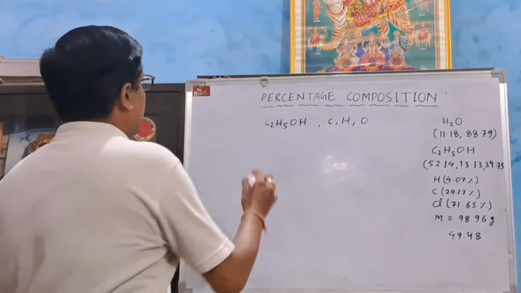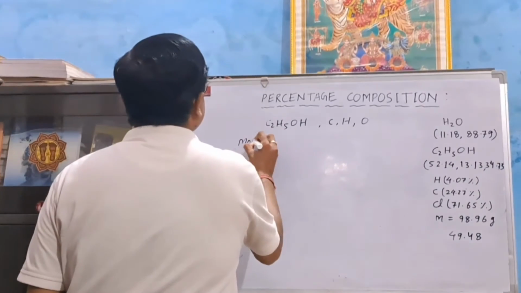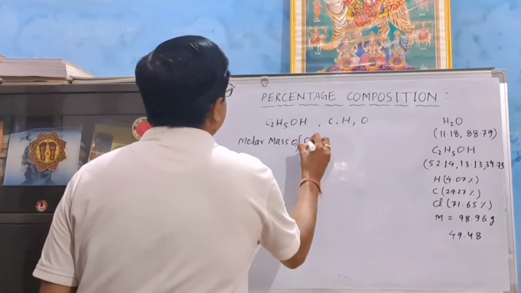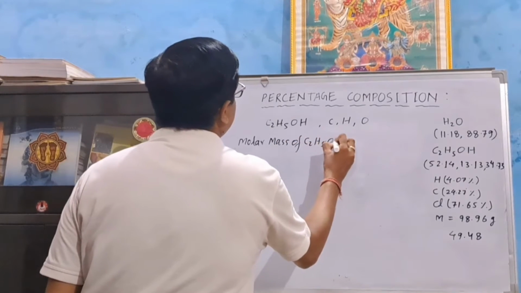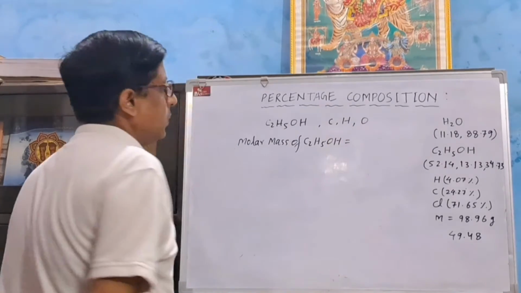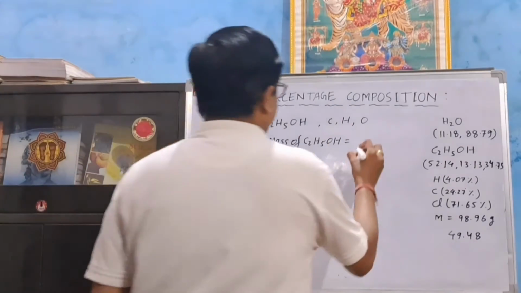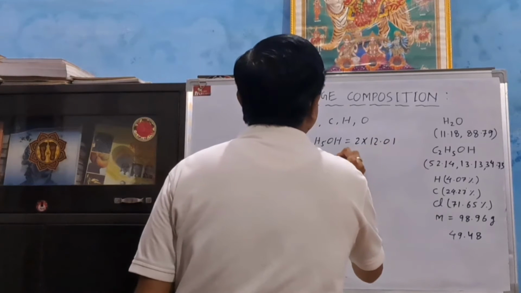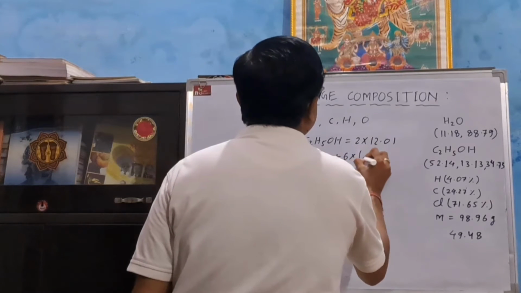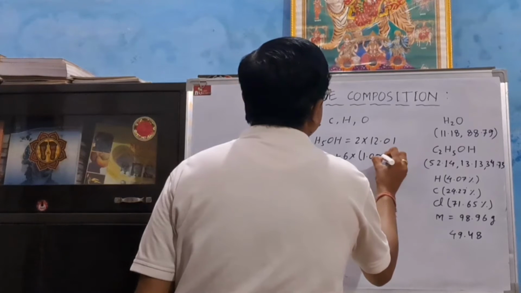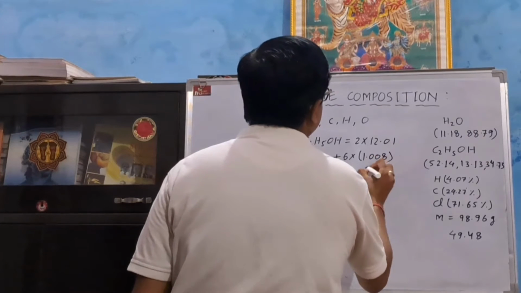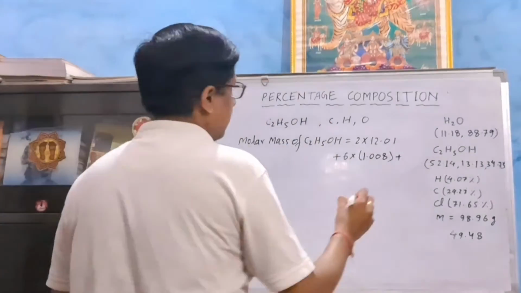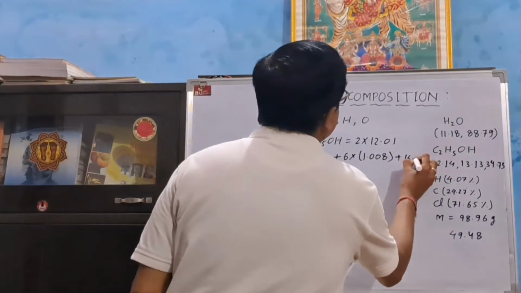Now the molar mass of ethanol C2H5OH is equal to, since two carbon atoms are present, 2 into 12.01 plus 6 hydrogen atoms are present, 6 into 1.008, plus 1 oxygen atom is present, 16.0.